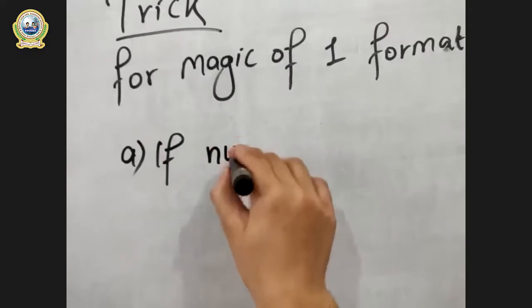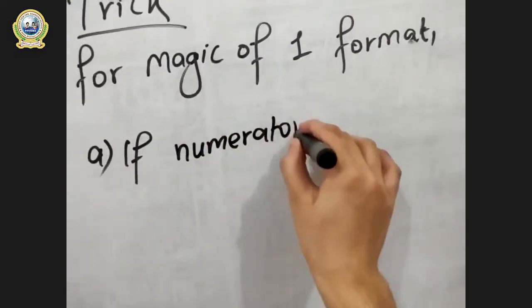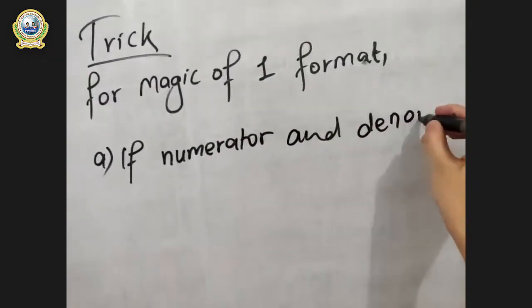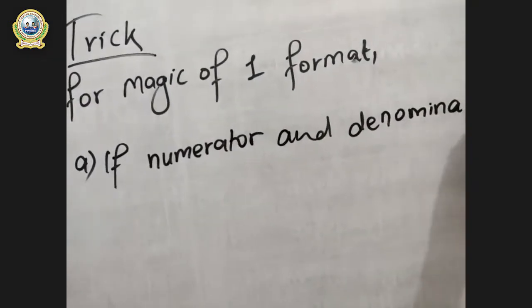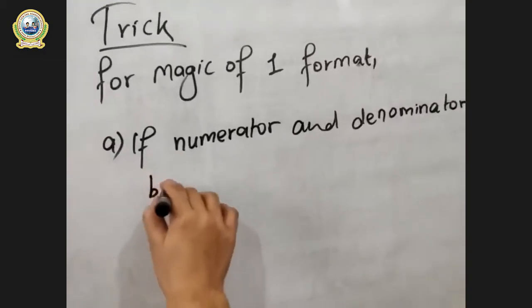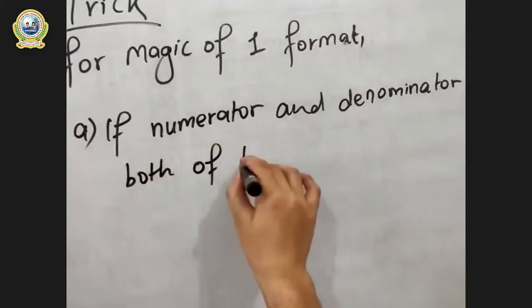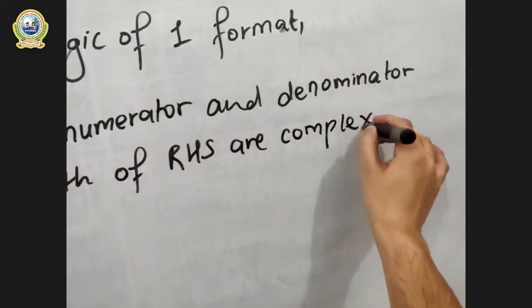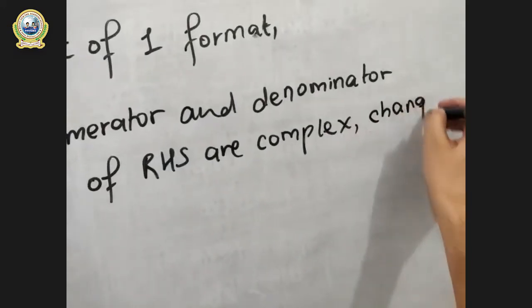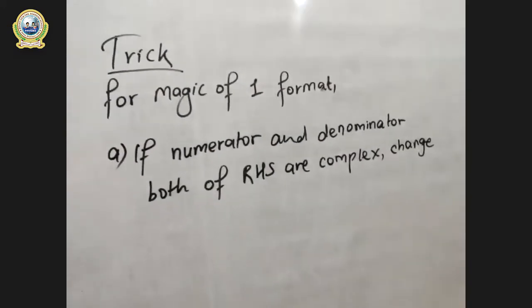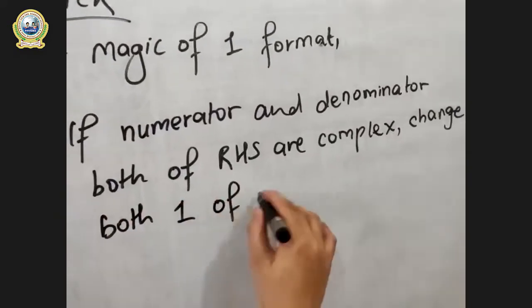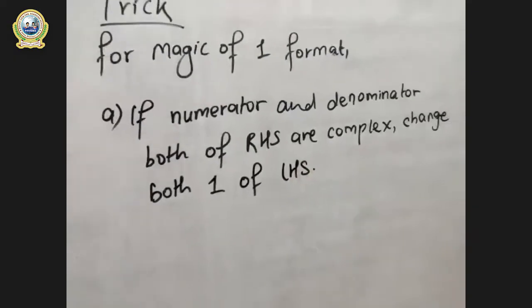Write the rule: if the numerator and denominator both of RHS are complex, change both ones of LHS. This is our first rule.